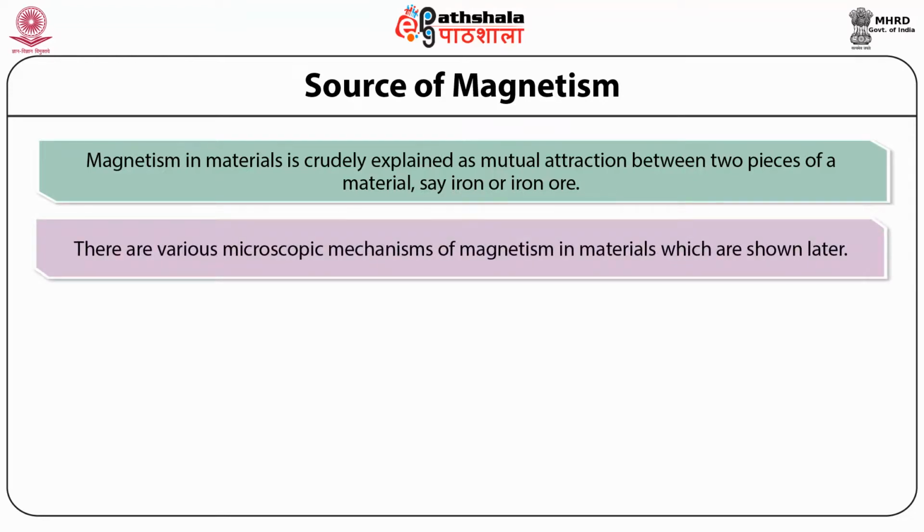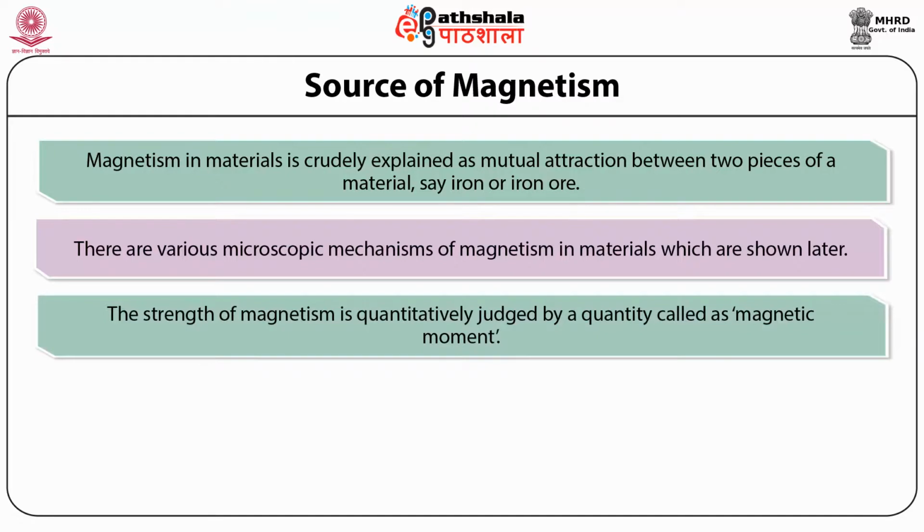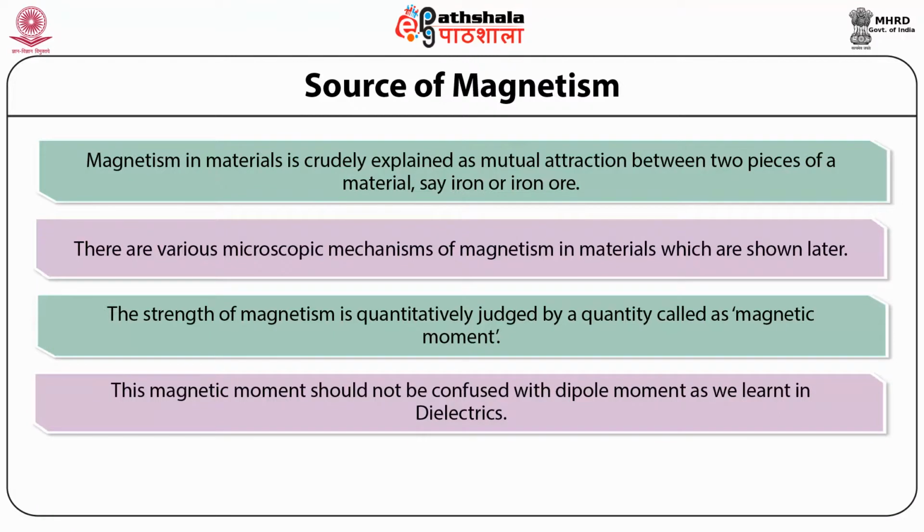There are various microscopic mechanisms of magnetism in materials, which are shown later in this module. The strength of magnetism is quantitatively judged by a quantity called the magnetic moment. This magnetic moment should not be confused with the dipole moment which we know in dielectrics.